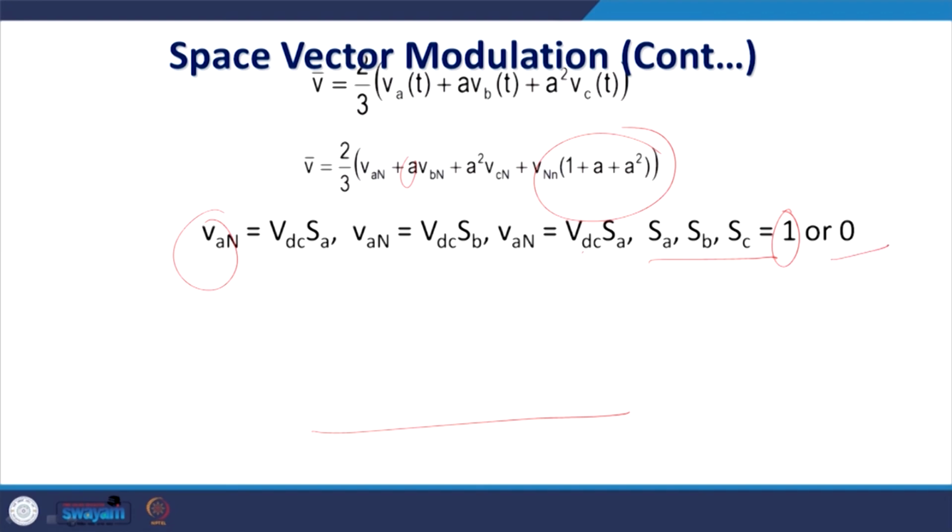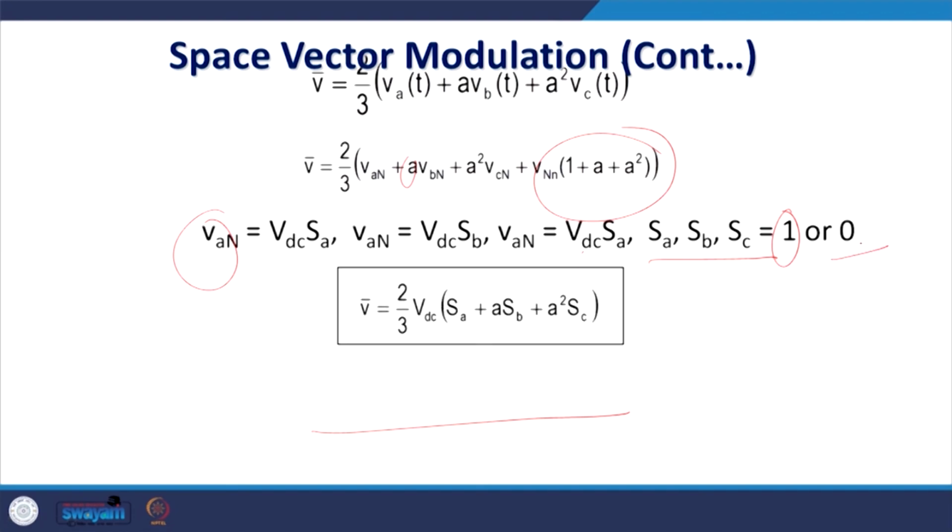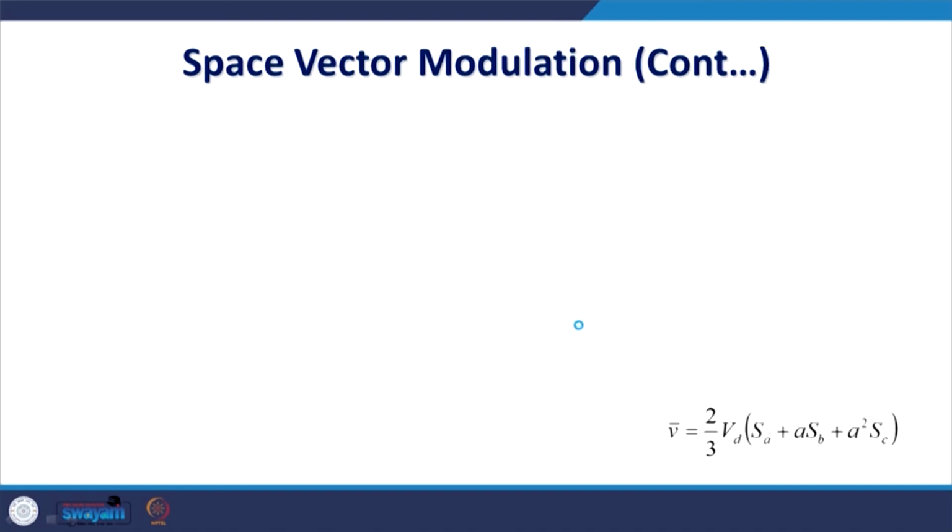It can be 0 if the lower switch is on, and thus we can write in terms of the switching instead of the voltage. So, you can take this DC bus voltage outside. So, the magnitude of this voltage will be 2/3 VDC times SA plus SB into 120 degree phase shift plus SC into 240 degree phase shift. So, this is the representation in terms of the switching.